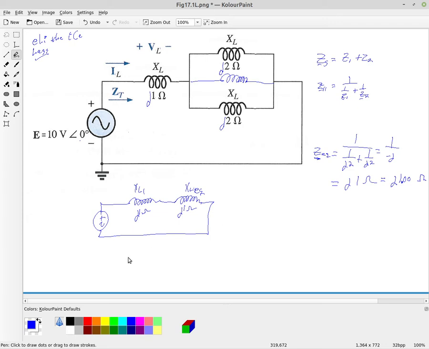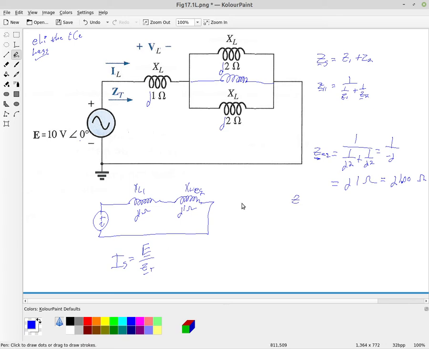And so we can now find our total supply current, IS or IT if you prefer, depending on your assignment. The supply current is going to be our voltage divided by our total impedance.